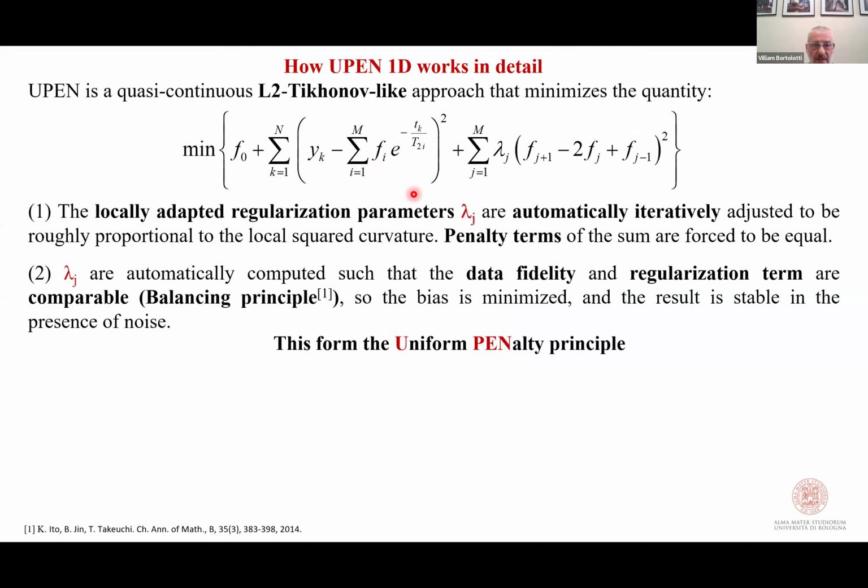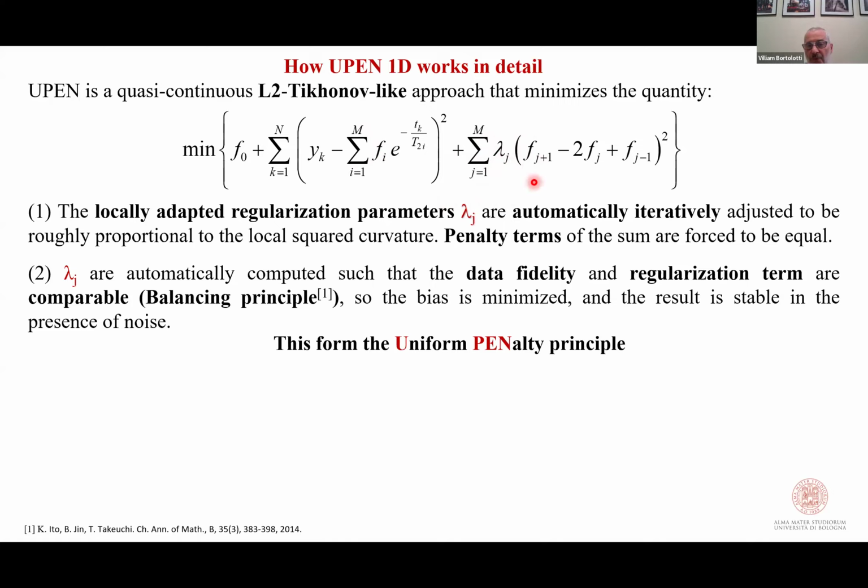So you have it already in discrete format. You have the fidelity term, the comparison of experimental data with the model, and the regularization term. You need to decide how to use them, because you need to evaluate lambda locally. You see now lambda is not unique, but there are many lambdas, equal to the number of points M of the distribution.